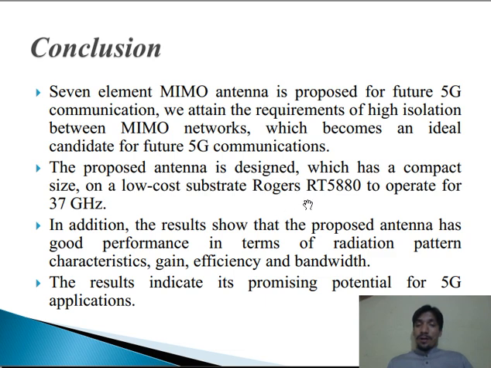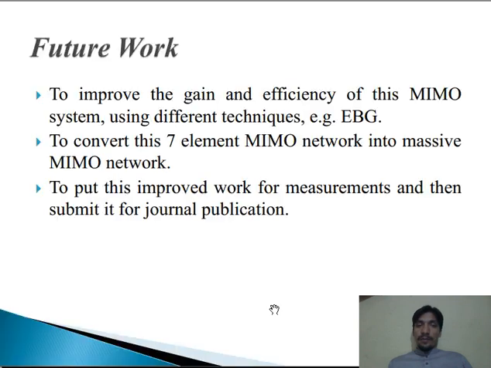Because the Rogers RT5880 with a thickness of 0.508 is easily available in the market, so it is low in cost to operate at 37 GHz. In addition, the results show that the proposed antenna has good performance in terms of radiation characteristics, gain, efficiency, and bandwidth. These are the parameters we checked from the previous slides. These results indicate its promising potential for future applications.